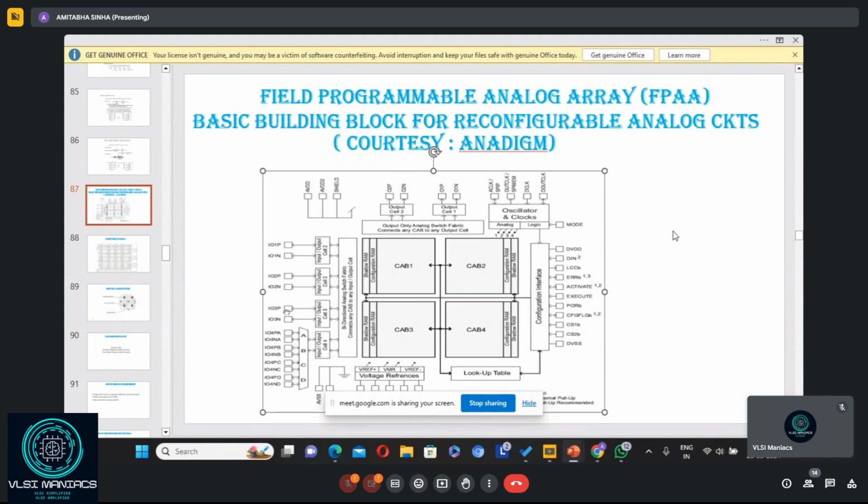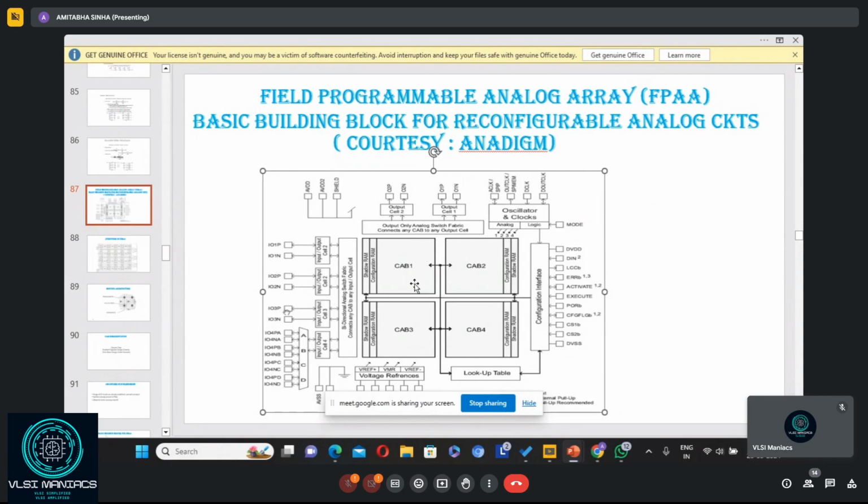Now, switching networks are responsible for communicating among the CABs, and there are also switches which make the interconnections within the CABs. Okay, so there are two types of communication. One is intra-CAB, another is inter-CAB.